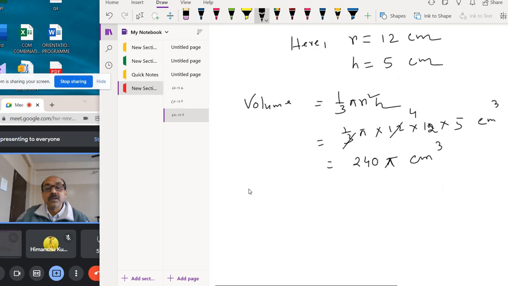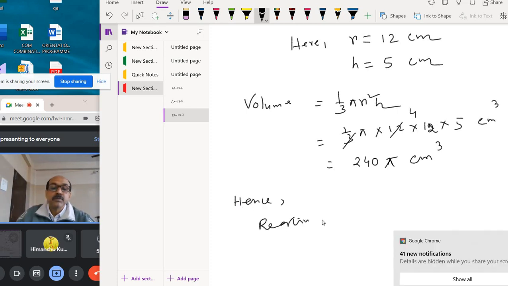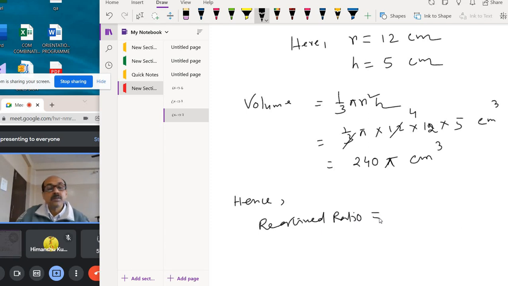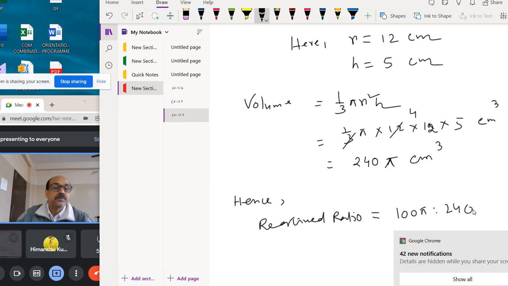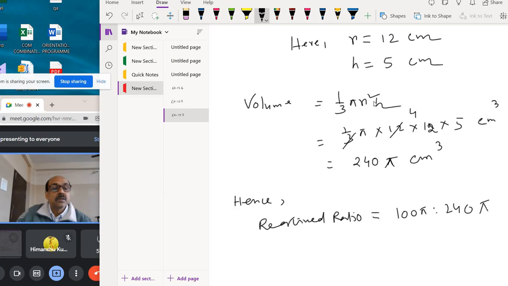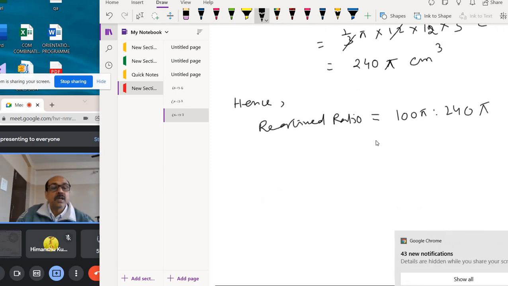Now, the required ratio, question number 7 answer and question number 8 answer. Hence, required ratio equal to 100 pi is to 240 pi, so equal to 100 pi by 240 pi.